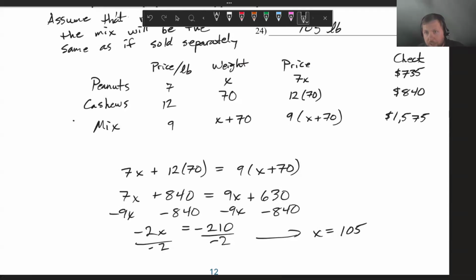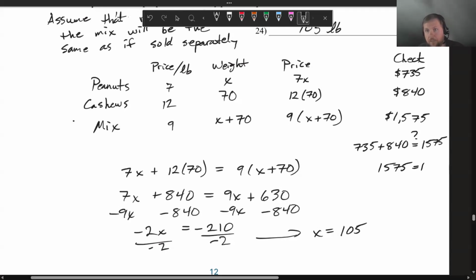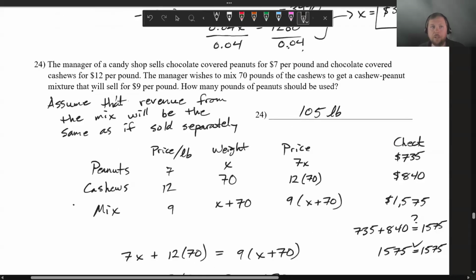The check is the 735 plus the 840 equal to the 1575. Now if I add these together, I get 1575. So that's kind of reassuring. I'm happy with my answer now.